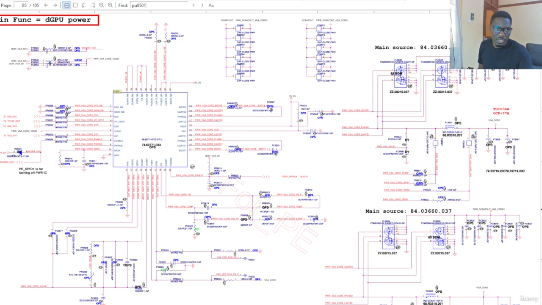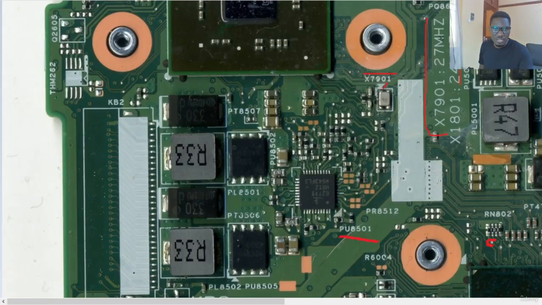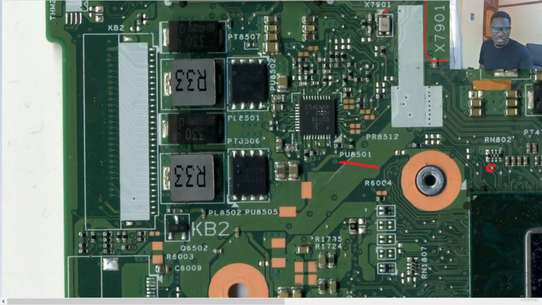function. You see this code on top here? This shows the main function of this chip. It's a GPU power, which means this chip makes graphics card voltage. And if you go back to your motherboard, you see that this chip is next to the graphics card, very close, because this is a graphics card and this is the chip.